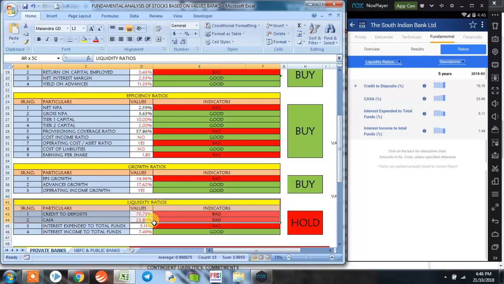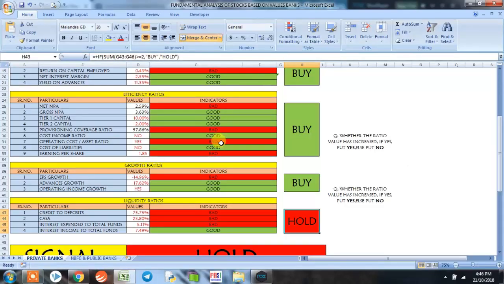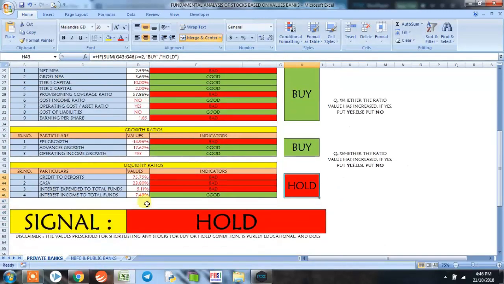Now overall liquidity ratio has given us a signal to hold on to our stock at this point of time. Now the program in its entirety has given us a signal to hold on to our investment at this point of time.